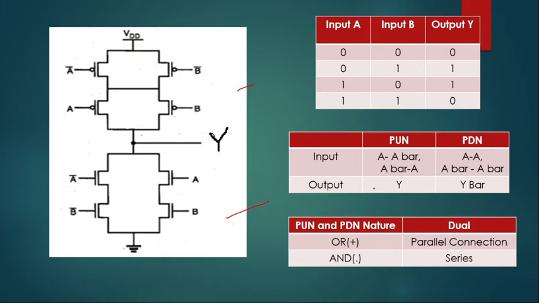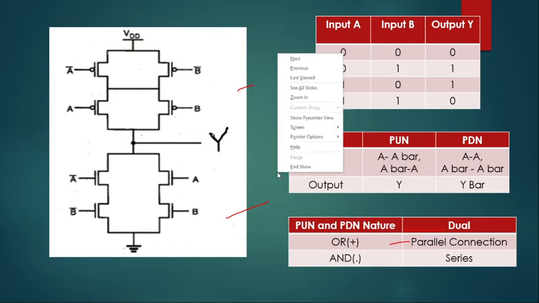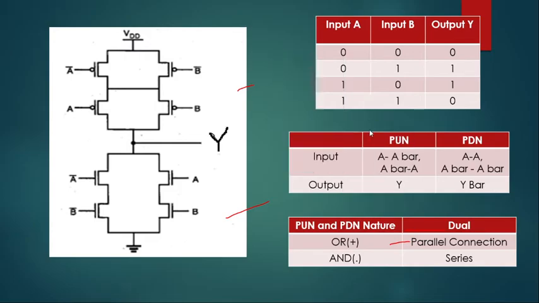As far as output is considered, for the pull-up network, output is given as Y, and for the pull-down network, output is given as Y bar. The two networks are dual in nature, and in both networks, if OR or plus is there, it will be a parallel connection, and if AND is there, it will be a series connection.